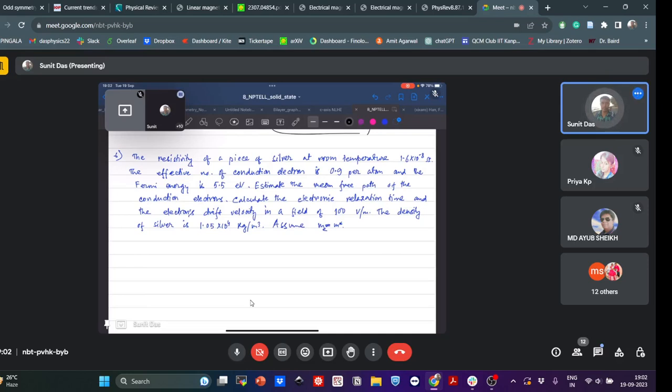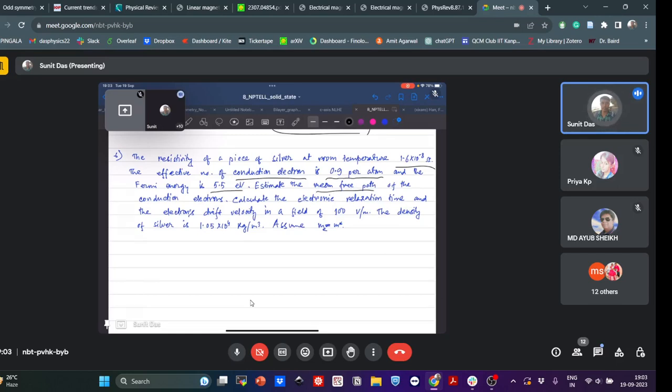So the resistivity of a piece of silver at room temperature is given as 1.6 into 10 to the power minus 8 SI unit, and the effective number of conduction electrons is 0.9 per atom. Okay, and the Fermi energy is 5.5 eV.